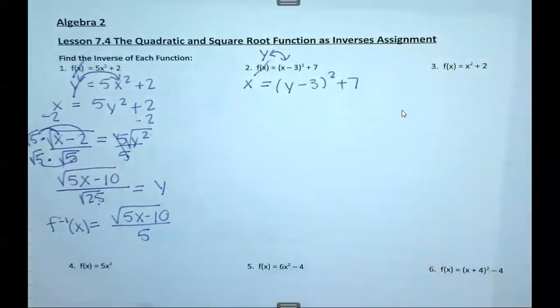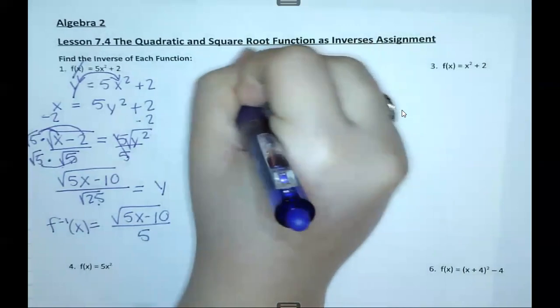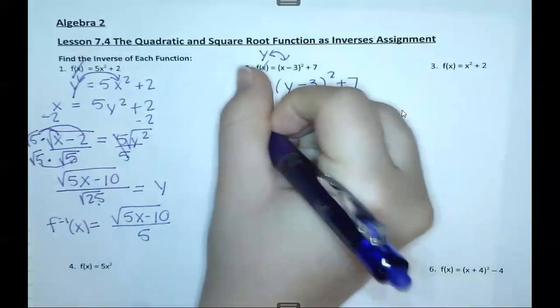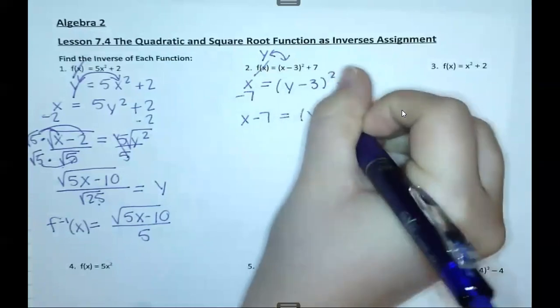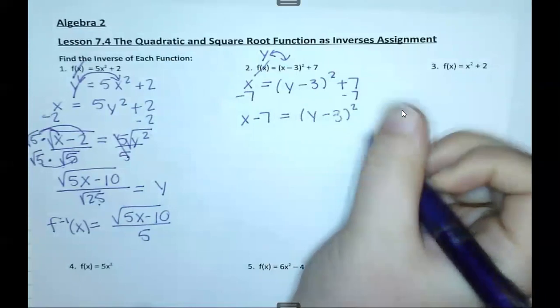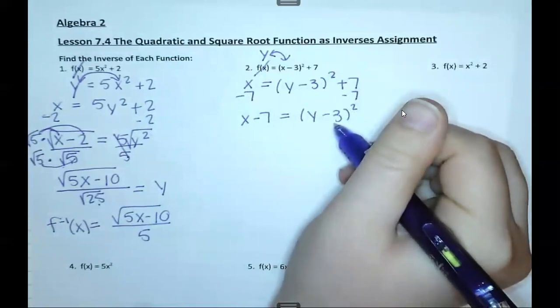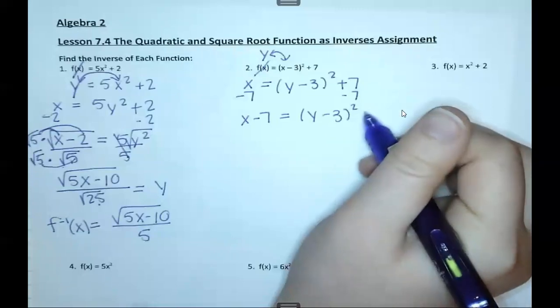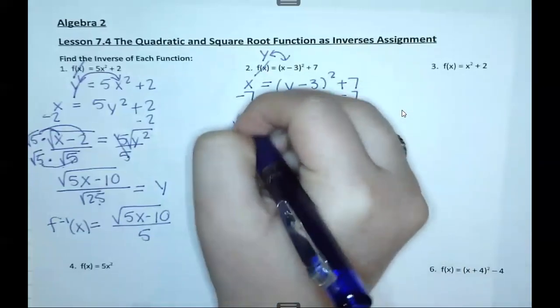So we would first need to move the 7, which most of you did. So I have x minus 7 equals y minus 3 squared. Now we need to get rid of the square. You cannot move that 3 because it is inside the parentheses until you get rid of the square. So we have to take the square root of both sides.